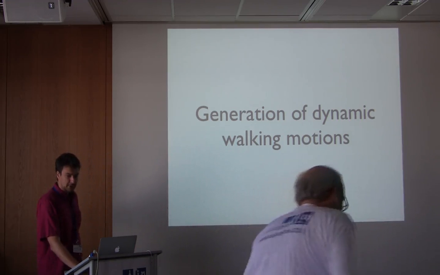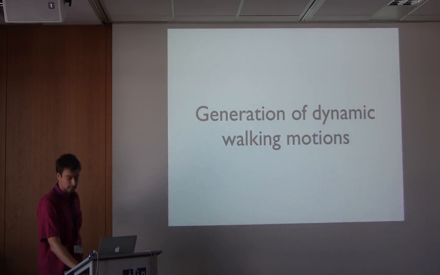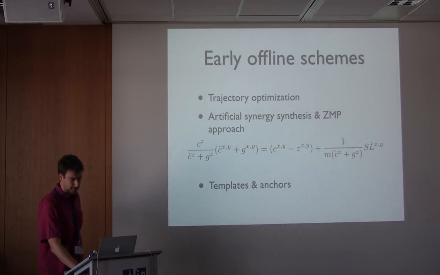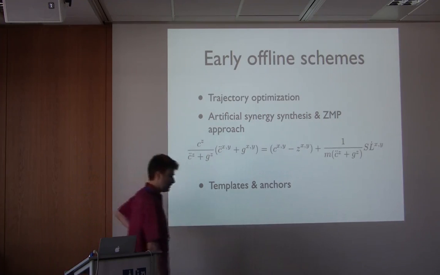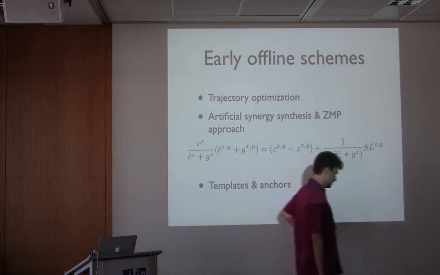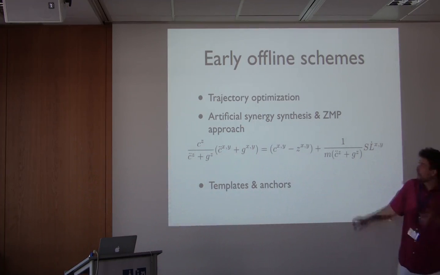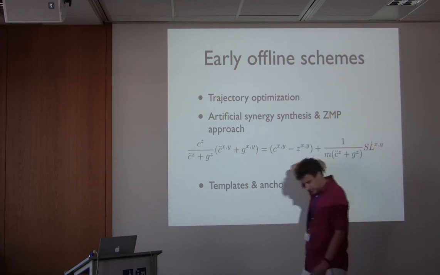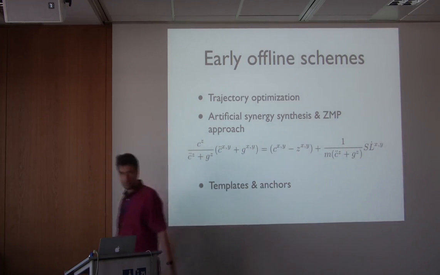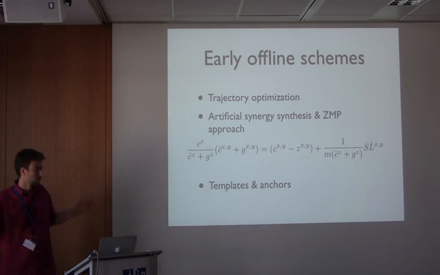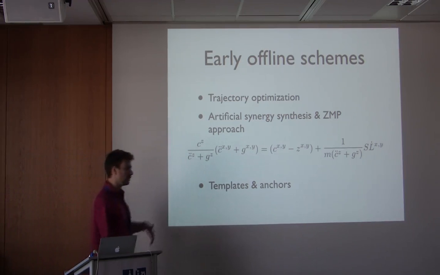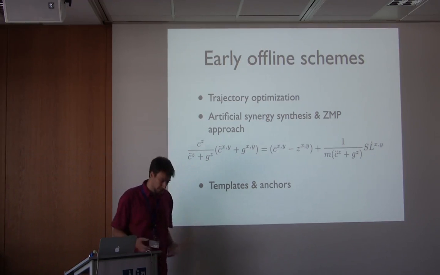So, how to use this? Early schemes in the 80s and 90s were based on the following two ideas. The first idea was, well, we have this wonderful numerical tool that people in numerical optimization work on.